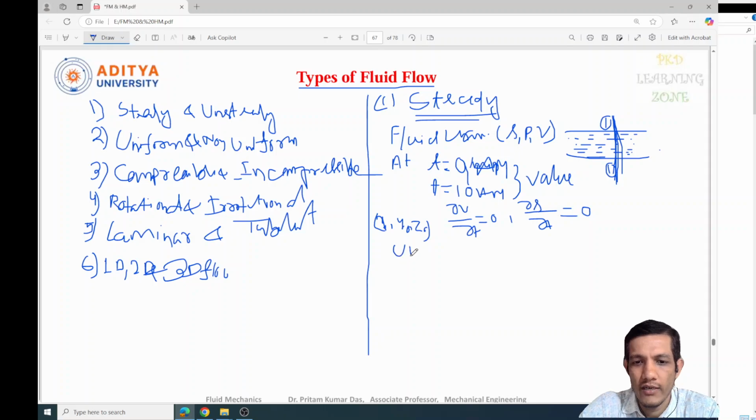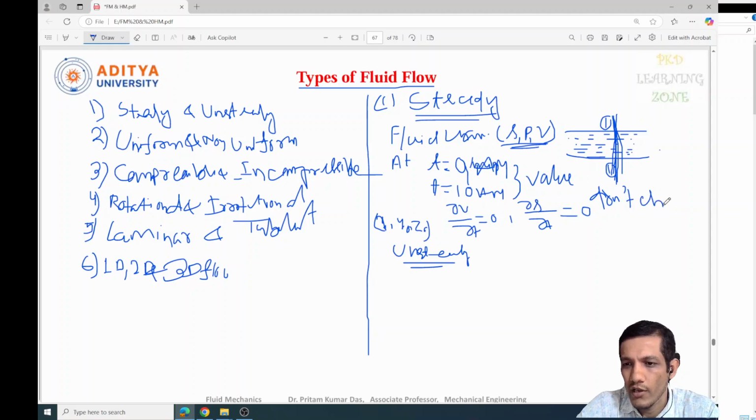If you consider the same pipe and measure the fluid characteristics like density, pressure and velocity, and you get the fluid characteristics changing with respect to time, then it is called unsteady flow. In steady flow they do not change, while in unsteady flow they change.